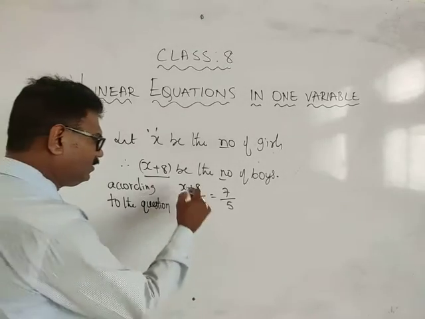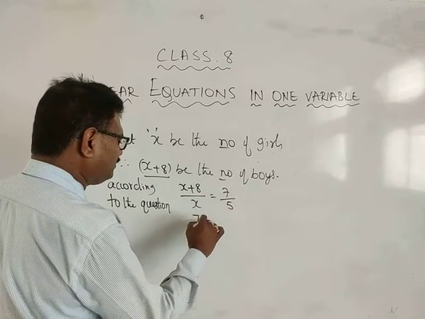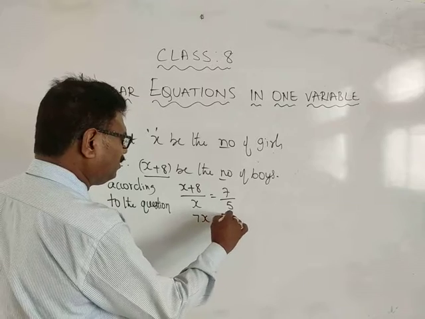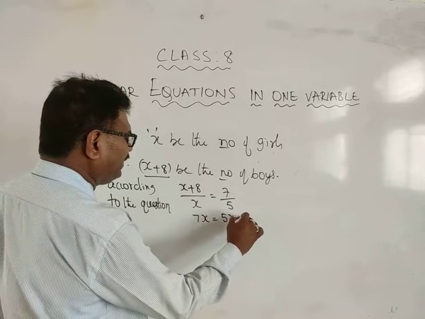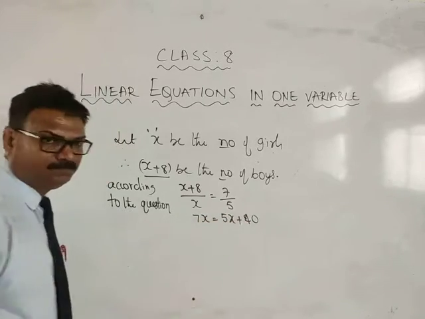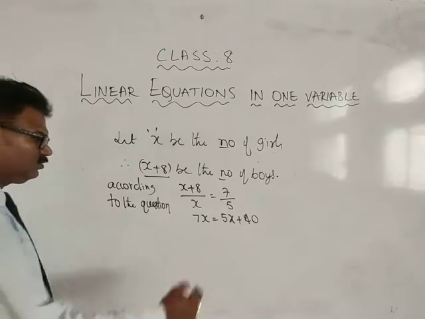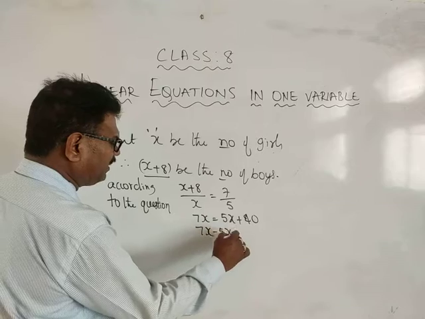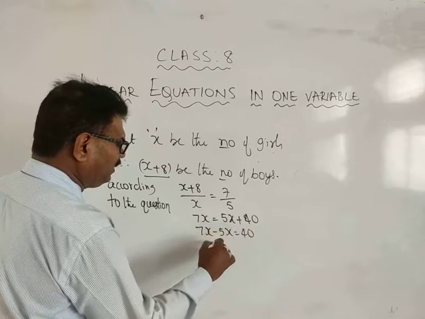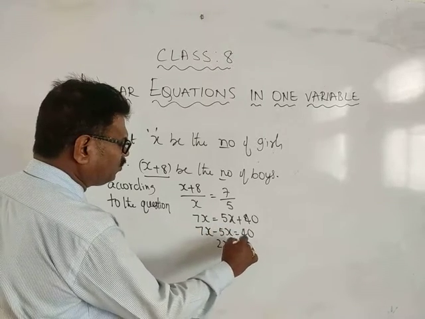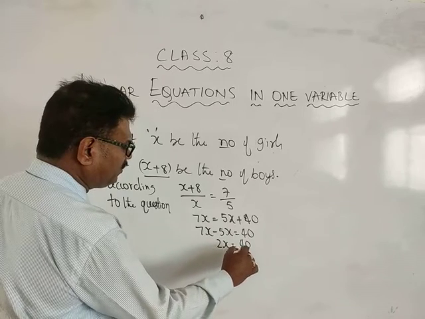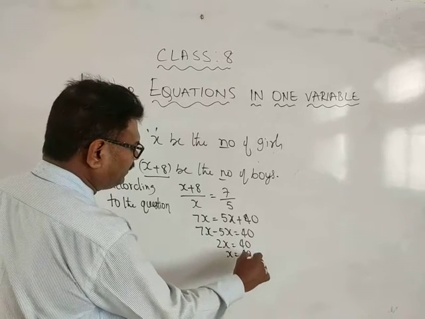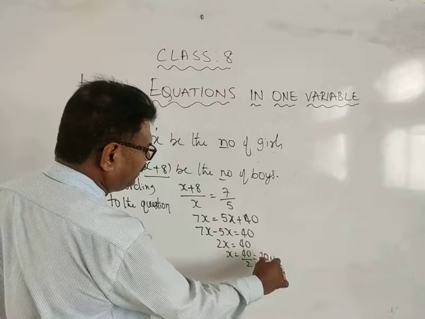So 7 into x, 7x equal to 5x plus 5 eights are 40. Now 7x minus 5x equal to 40. 2x equal to 40. Therefore x equal to 40 divided by 2, which is 20.